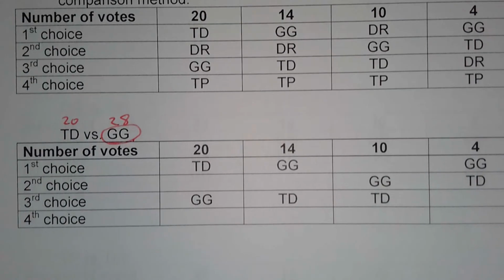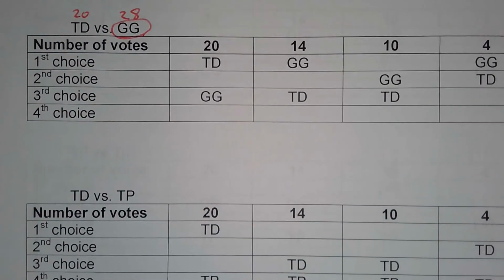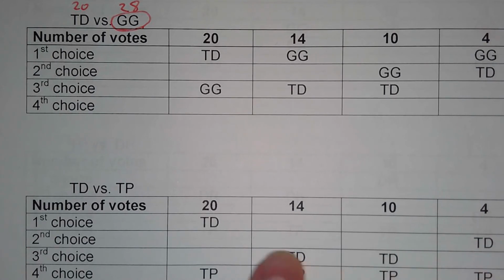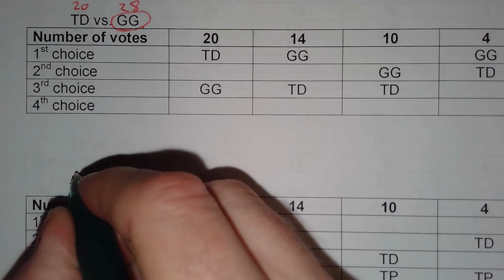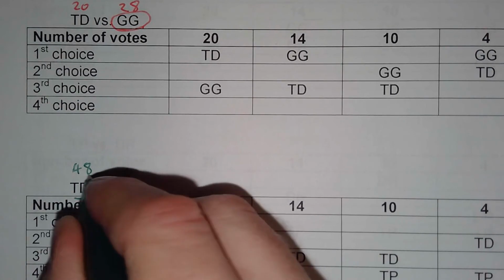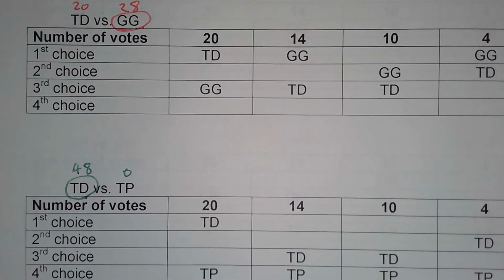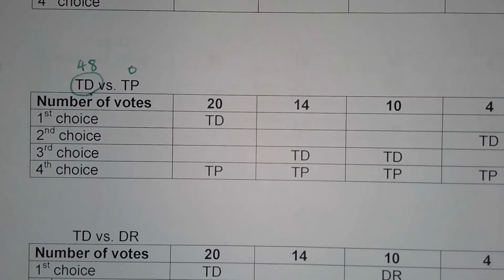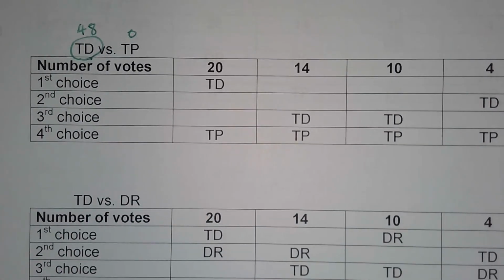And now I'm going to compare Tim Duncan to Tony Parker. In each case, Tim Duncan is ranked higher than Tony Parker. So Tim Duncan has 48, Tony Parker has 0. So Tim Duncan wins that one. And now I'm going to look at Tim Duncan versus David Robinson.